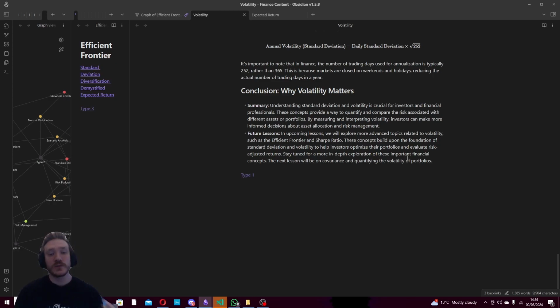But these concepts also lead to the Sharpe ratio, which is a measure of risk-adjusted returns, right? I see some return in my investment over time, but what's the projected risk adjusted return, okay? What's the return per unit of risk I took to achieve that return? And then that plays into concepts like efficient frontier, which is a tool or a framework that we use to optimize our portfolios.